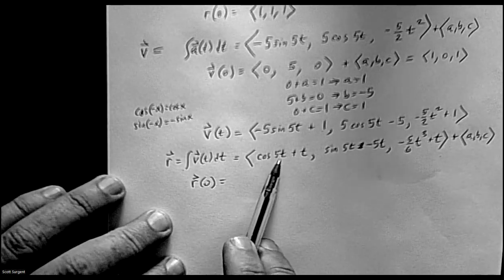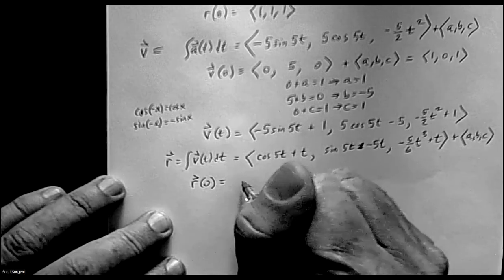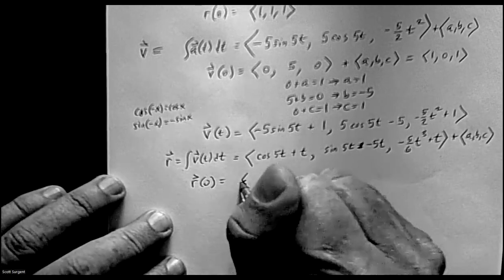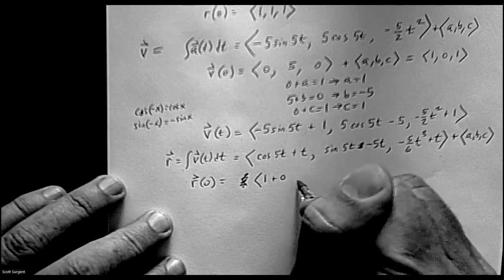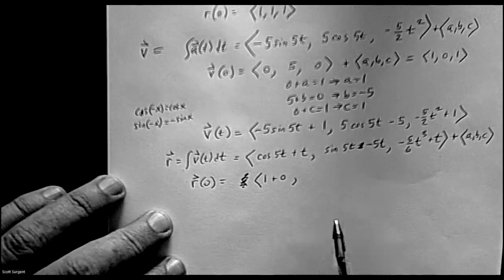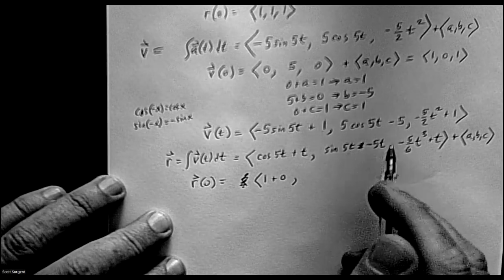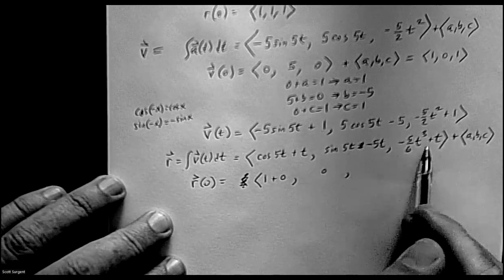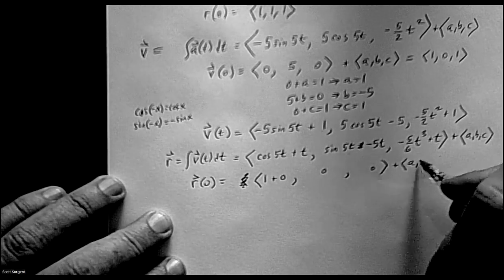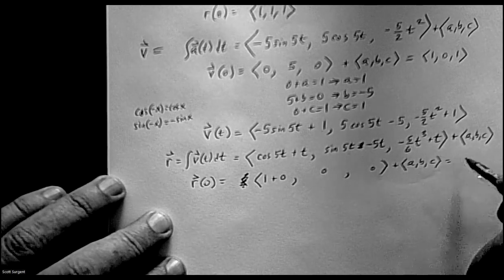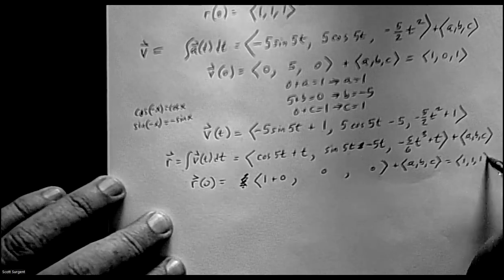So if I plug in 0, cos of 0 is 1. Actually, I'll write it this way. I have 1 plus 0. Sine of 0 is 0. This is actually just 0. And then 0 here makes that 0. So I have plus A plus B plus C, and that has to equal 1, 1, 1.